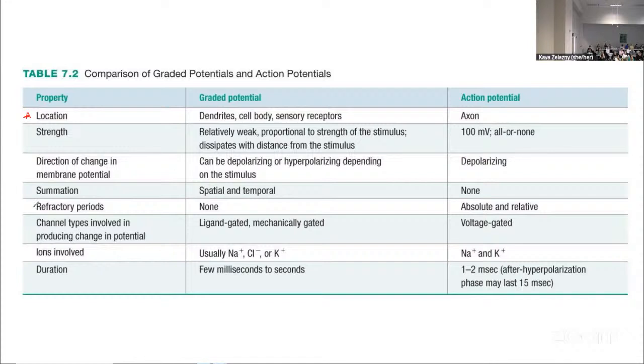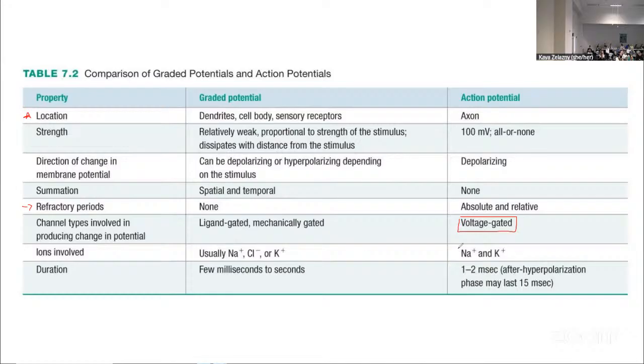We'll talk soon about our refractory periods. We've already talked a little bit about channel types. So voltage gated channels are our big thing for action potentials. Graded potentials are going to be for ligand gated channels, responding to stimuli when different molecules and neurotransmitters attach to this other type of channel.